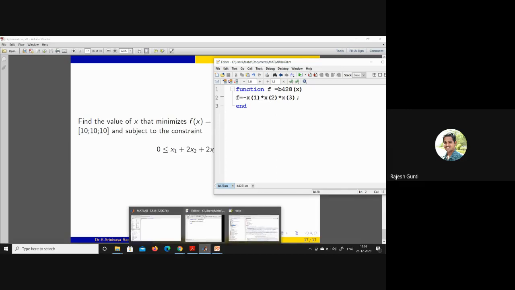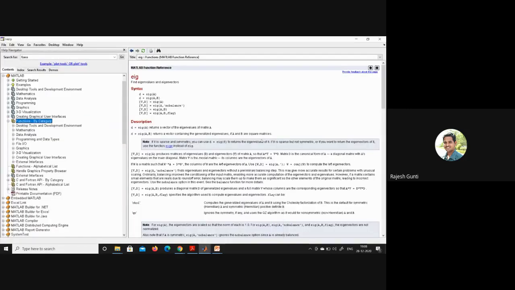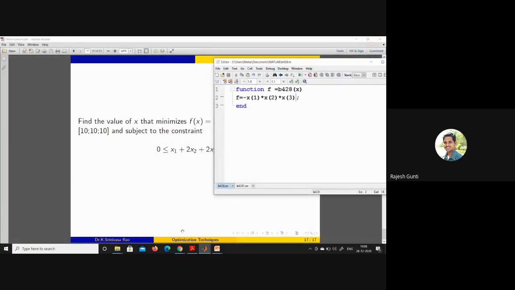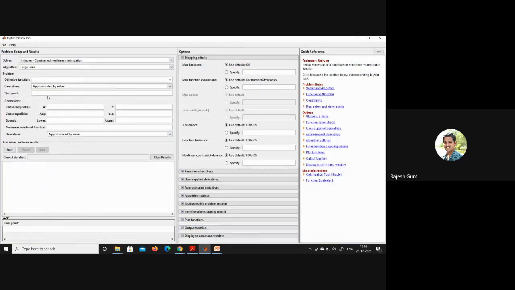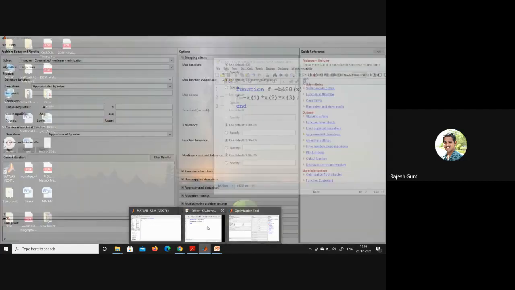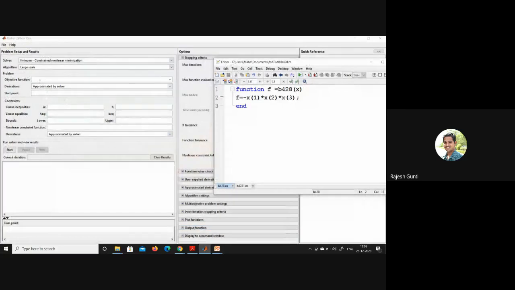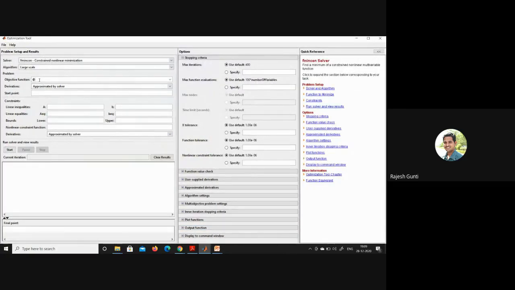Okay, straight away we can open the Optimization Toolbox. Objective function name is B428. Starting point is 10 semicolon 10 semicolon 10.